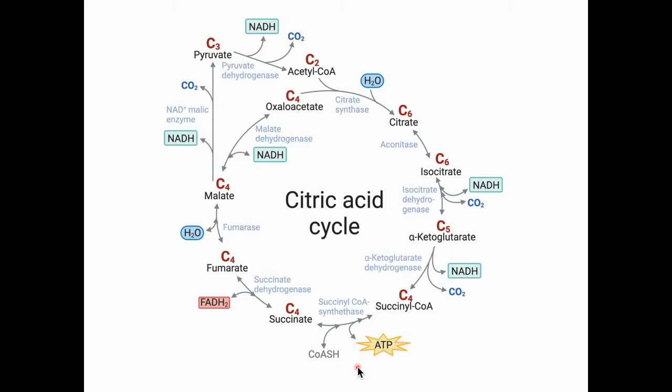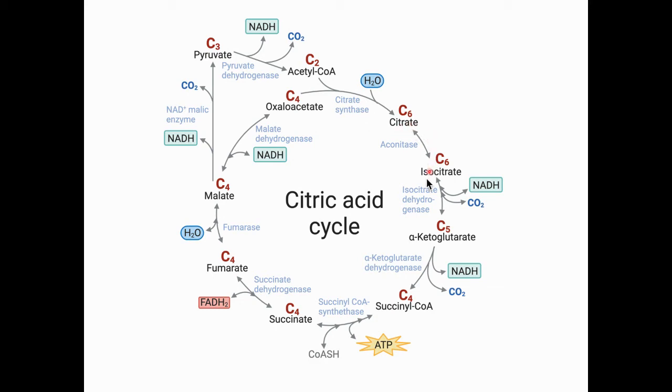Let's take a look at the enzymes. First, pyruvate loses one carbon and also two electrons to produce NADH, and becomes acetyl-CoA with the enzyme pyruvate dehydrogenase. Combining acetyl-CoA with oxaloacetate to produce citrate, you need the enzyme citrate synthase, meaning synthesizing citrate.